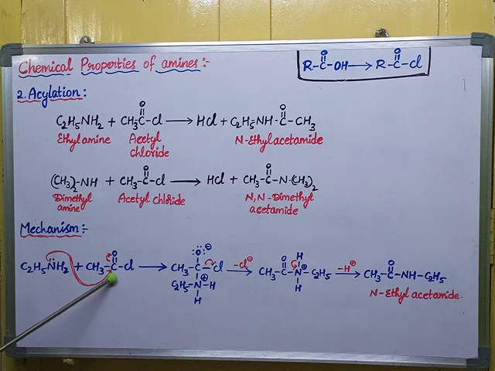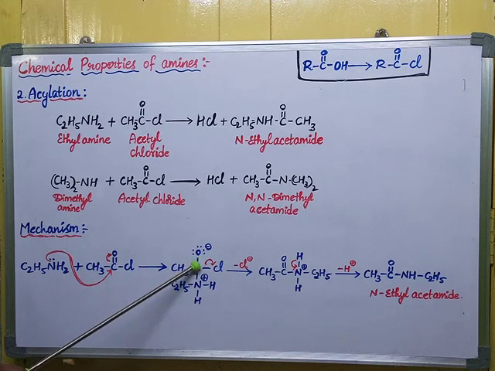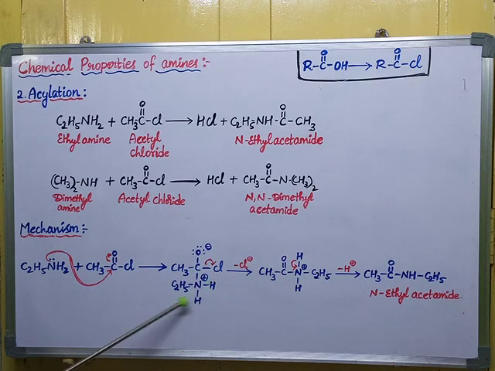So you can clearly see carbon gets a positive charge. This nitrogen is donating electrons to this positive charge and forming a bond, so a C-N bond is formed, along with two hydrogens and C2H5. Oxygen is getting a negative charge when the bond shifts. Now, in order to satisfy the bonds, I'll remove this Cl.